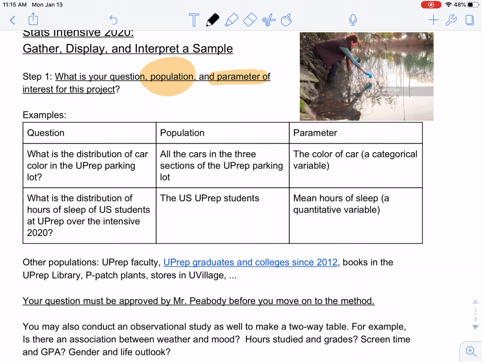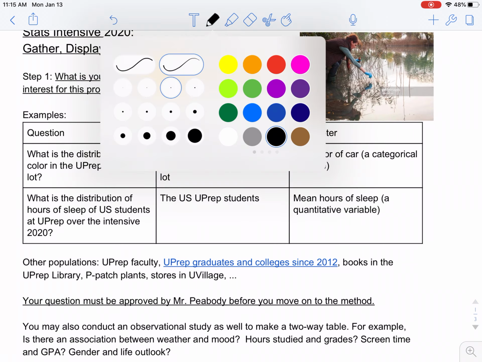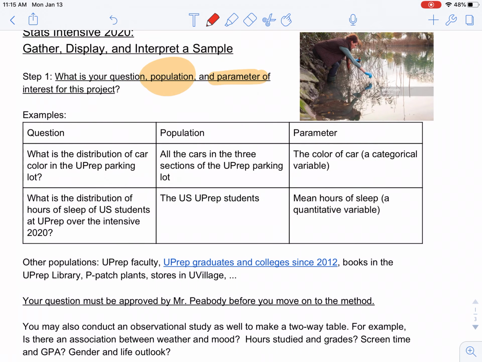For an example, students might ask, what is the distribution of car color in the UPrep parking lot? In which case, the population would be all the cars in the parking lot, and then the parameter would be the color of the car, which is a categorical variable. So in your group, if you wanted this one, you would find a way to randomize or to take a sample that is a representative sample and find colors of cars in the UPrep parking lot.